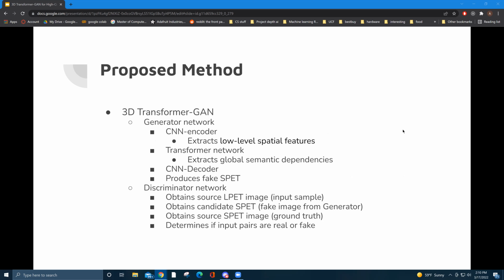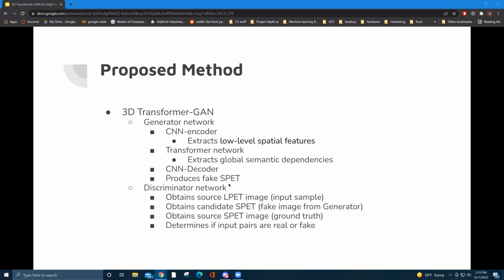So the proposed method that the paper is implementing is a 3D Transformer GAN. In this GAN network, they have a CNN encoder, which extracts low-level spatial features, a transformer network, which extracts the global semantic dependencies, and then it's decoded to produce a fake SPET imagery.